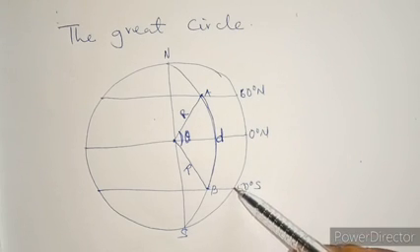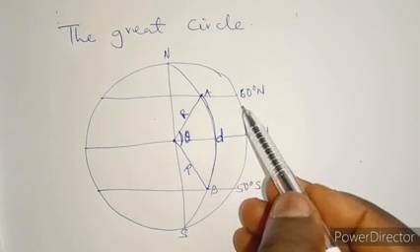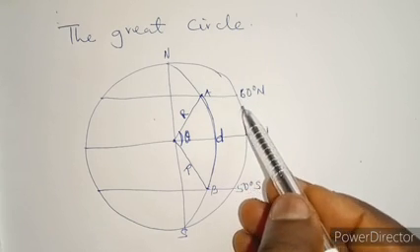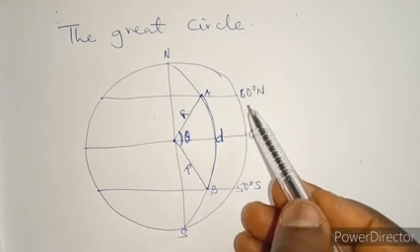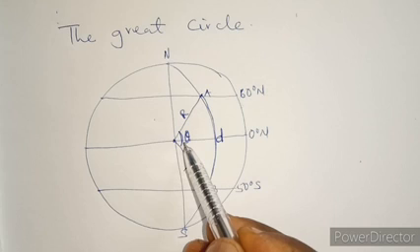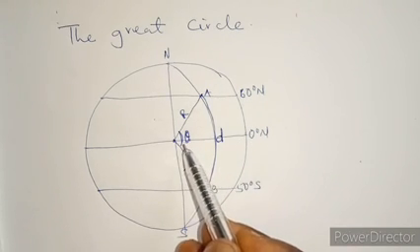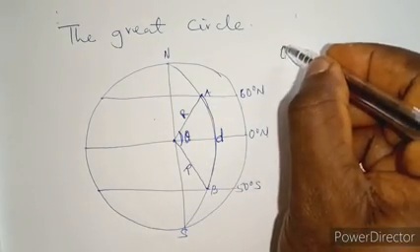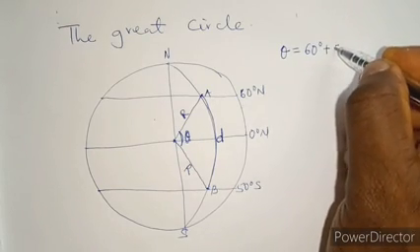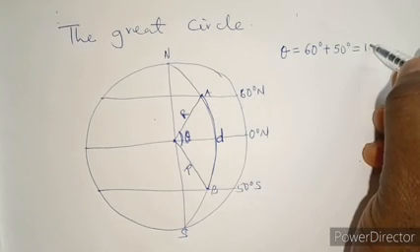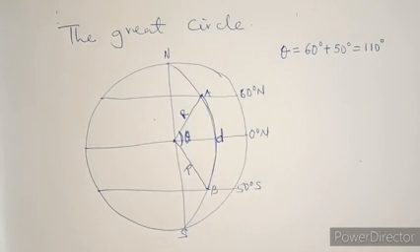If the two of them were on the same side of the pole, say 60 degree north and 50 degree north, I will subtract to get theta. And when they are on different sides of the pole, I will add to get theta. So in this case, my theta is equal to 60 plus 50, and that will give me 110. 110, and that's my theta.